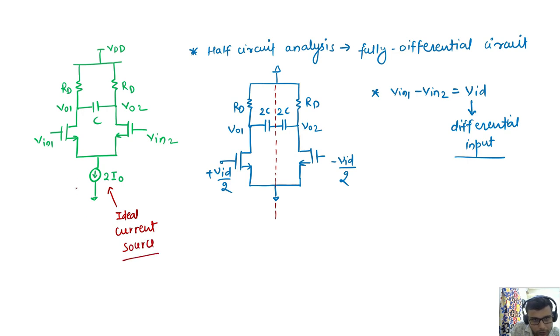If it is not ideal, then its R naught will be considered. So R naught will be considered for a non-ideal current source. These are the basics everyone knows.